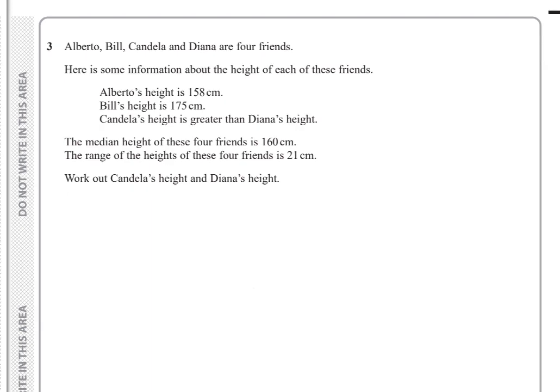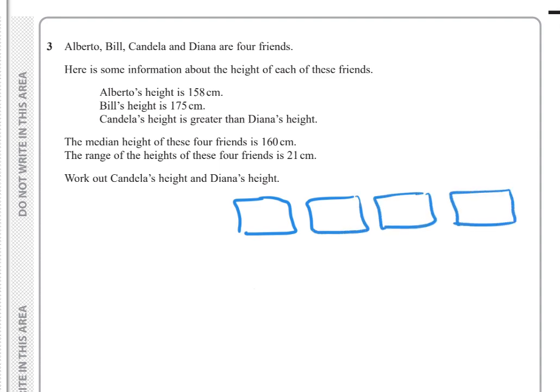If we arrange their heights in order, we consider that the tallest one is Bill, with height 175 centimeters. Now for Alberto, can Alberto be the shortest one?